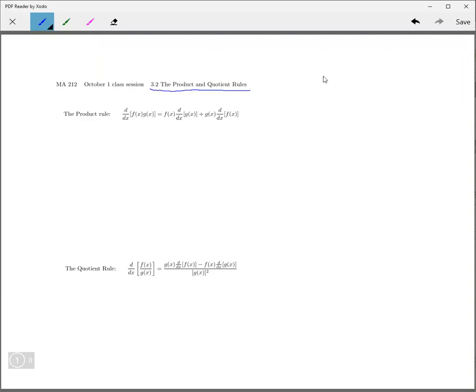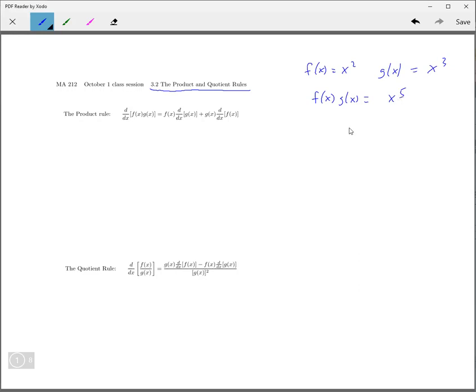For example, let's say that f of x was x squared and g of x was x cubed, okay? Of course, f of x times g of x is actually x to the fifth, right?